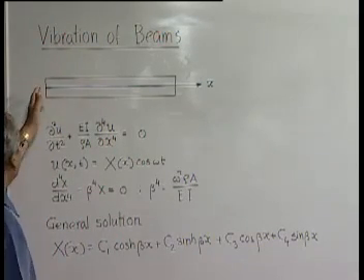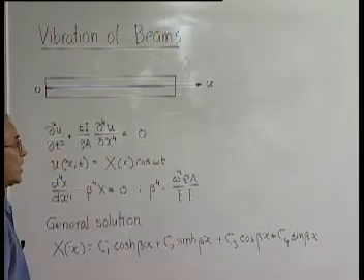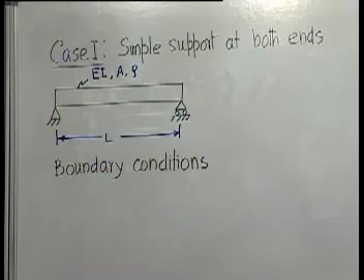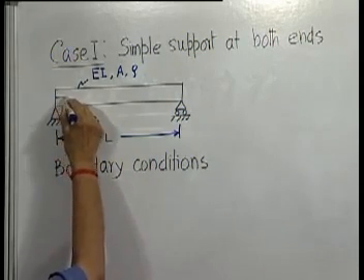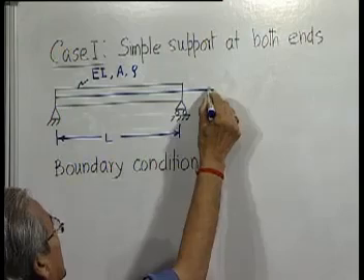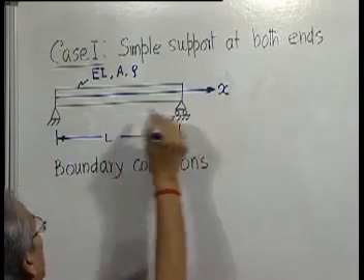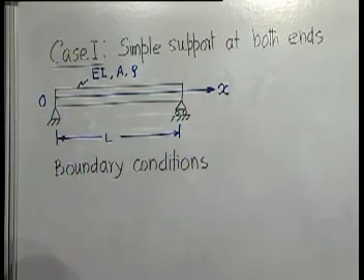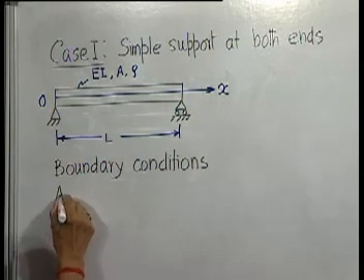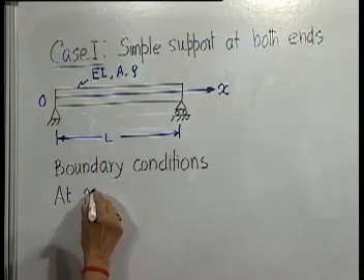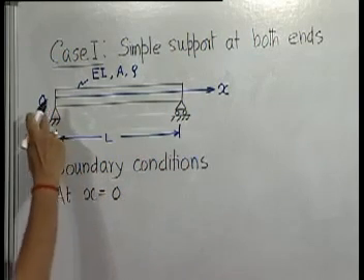So therefore, on each end we will have 2 conditions. So here we find that if we take a coordinate system like this, origin here, then the conditions at x equal to 0, that means this end.